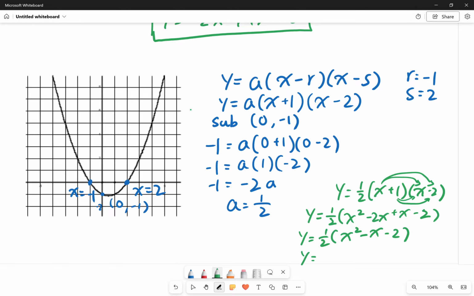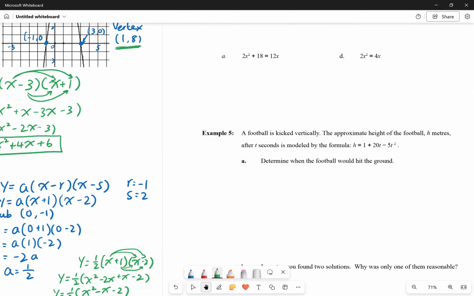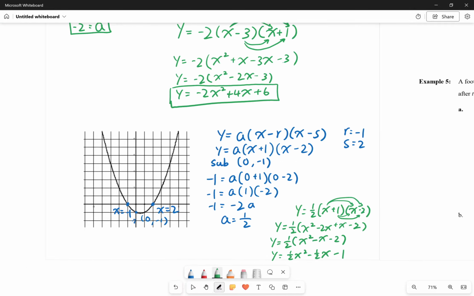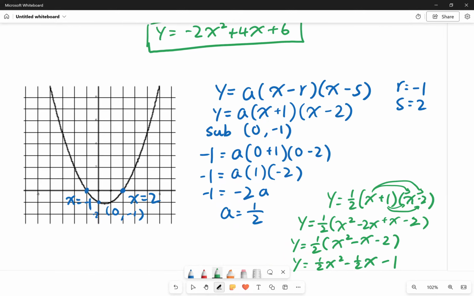Times it all by 1/2. This is 1/2 x squared minus 1/2 x minus 1. And there we go. Alright. So that's how you turn a graph into an equation.